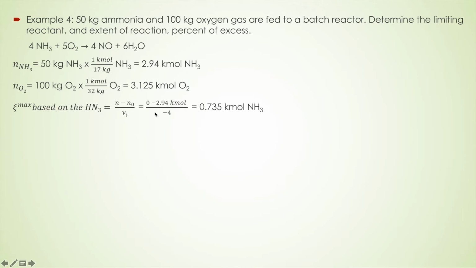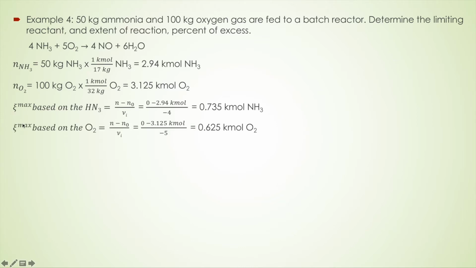Divided by the coefficient, we say that the coefficient for a reactant is negative. So in this case, the coefficient is 4, so we put negative 4. Then we get 0.735 kilomole for ammonia.